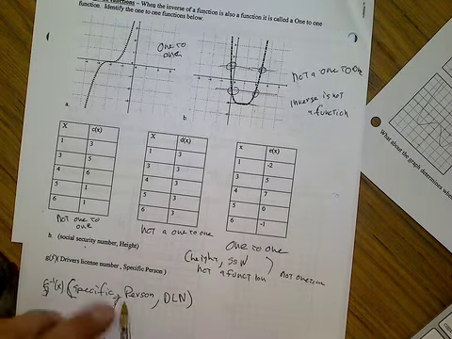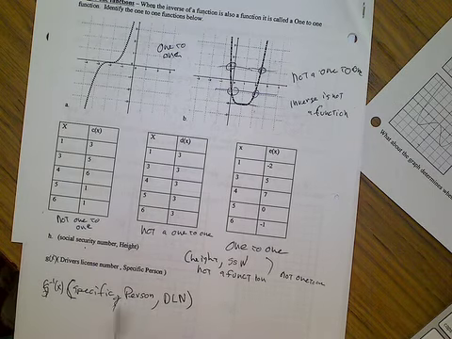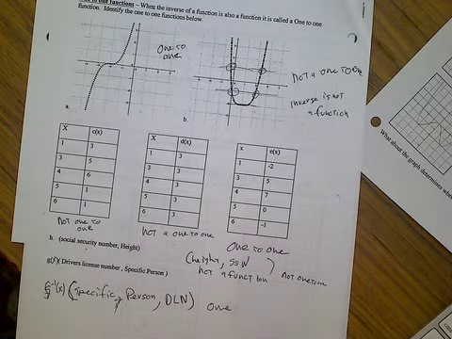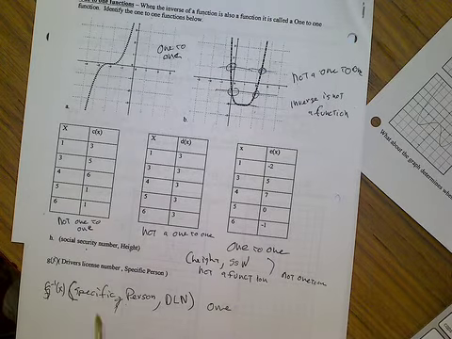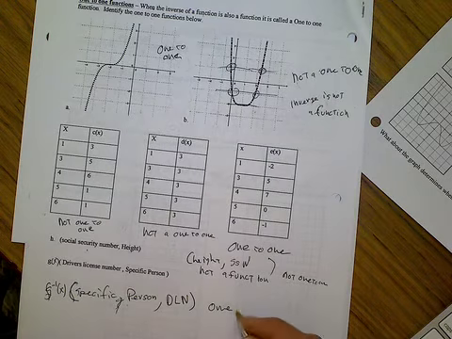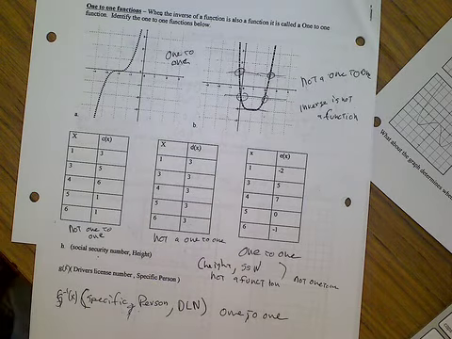For every specific person, so let's say Talia, her driver's license number is going to match up with her every single time. Or if I put in Connor, he's going to get the same driver's license number. So that would be a one-to-one. Okay, and ideally no one has two driver's license numbers.